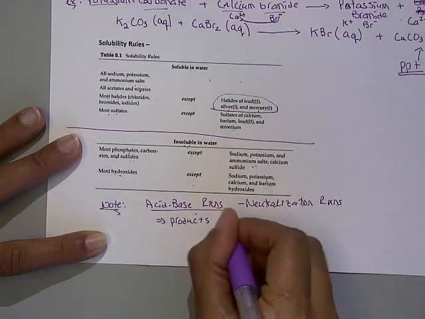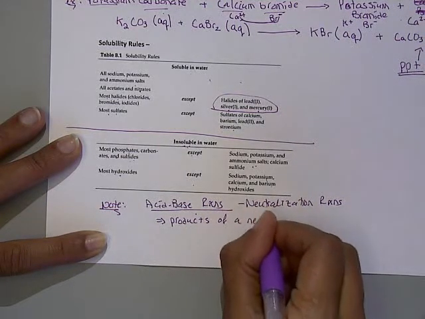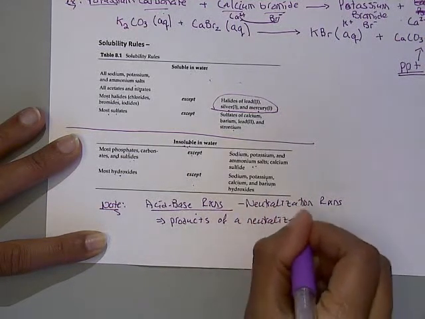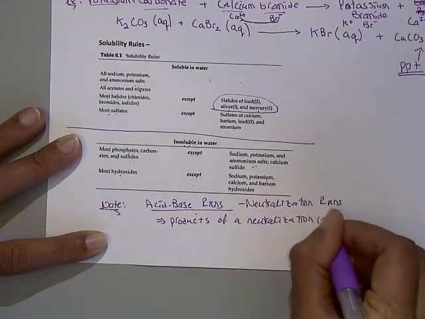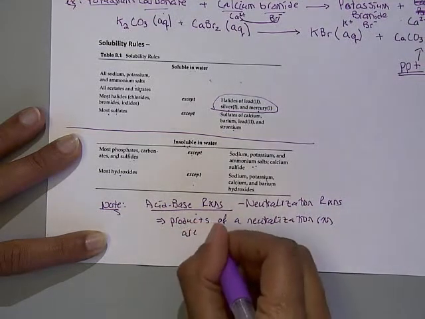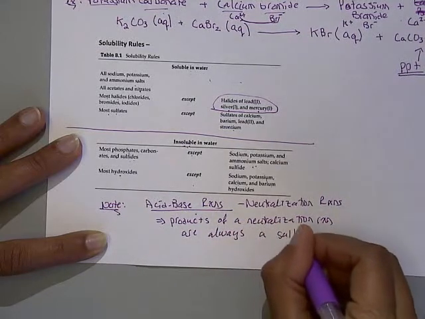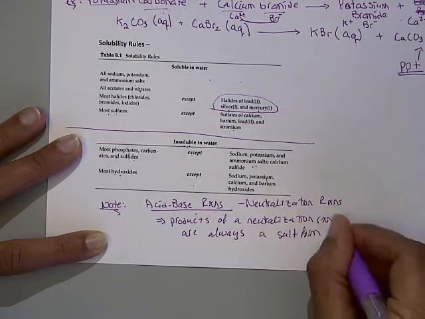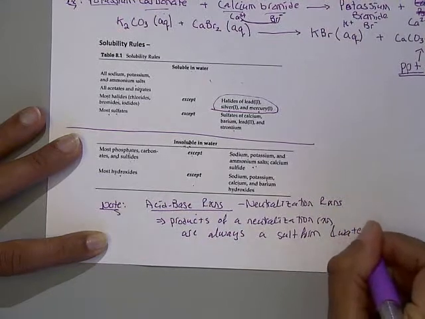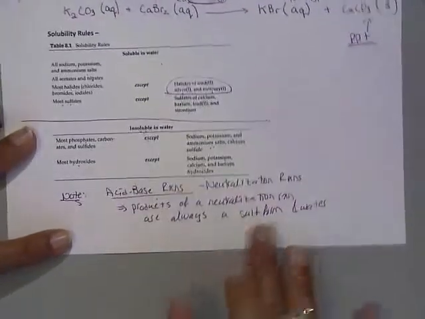So the products of a neutralization reaction are always a salt and water. So keep that in mind when conducting experiments and when we go over this in lecture again.